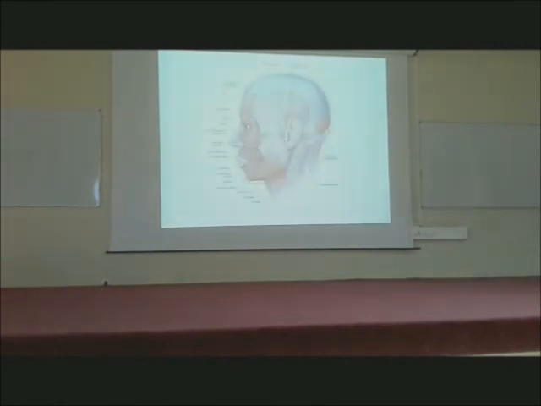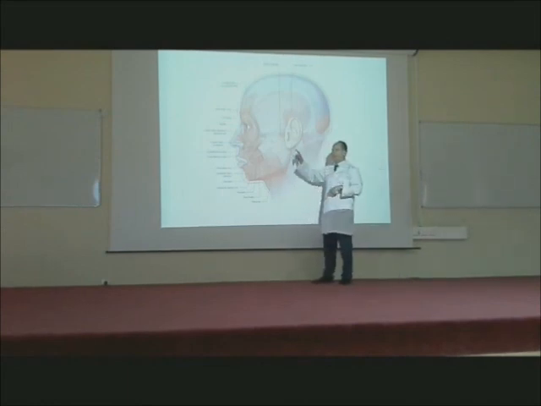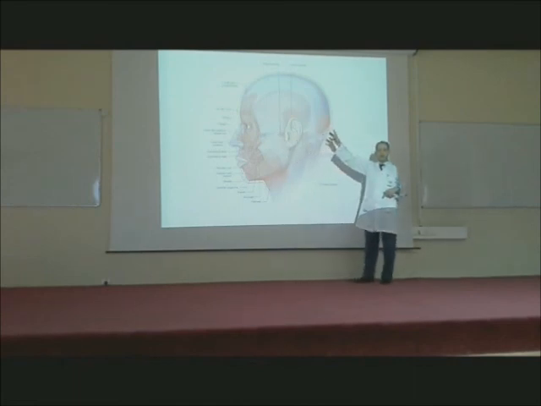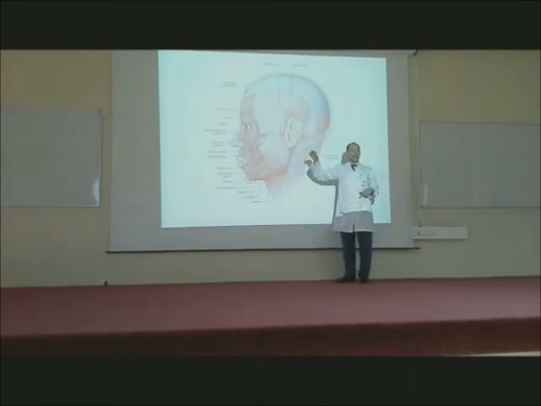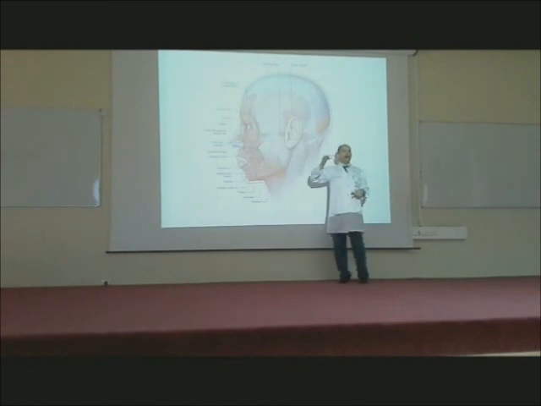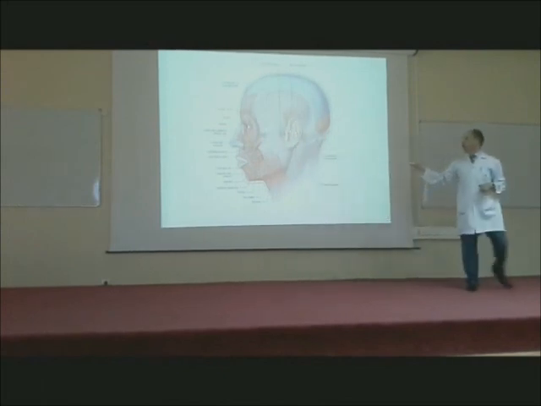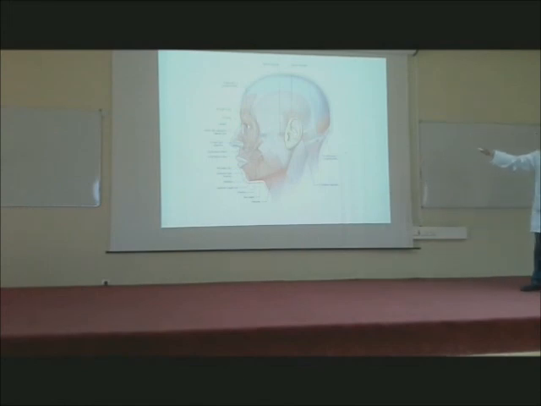Okay? So now I will shift to the other group, which is muscles acting on the auricle. Still we have 5 minutes. These muscles are attached to the auricle, either anterior, posterior or superior. That's why they are described as auricularis anterior, auricularis superior, and auricularis posterior.